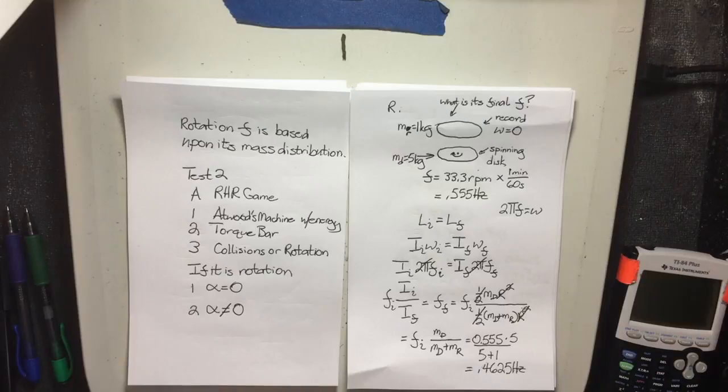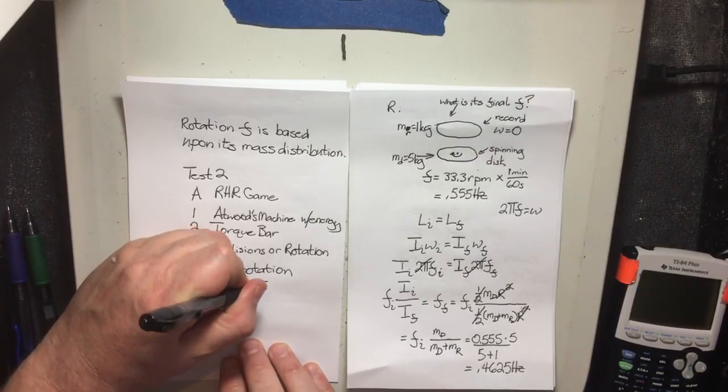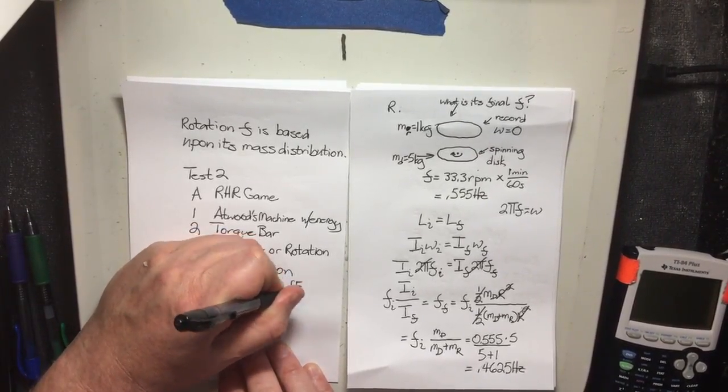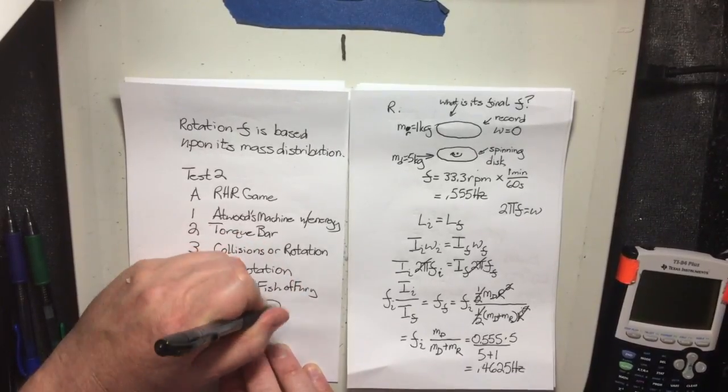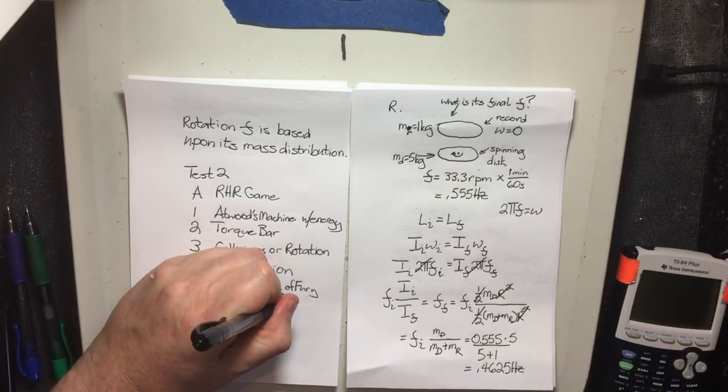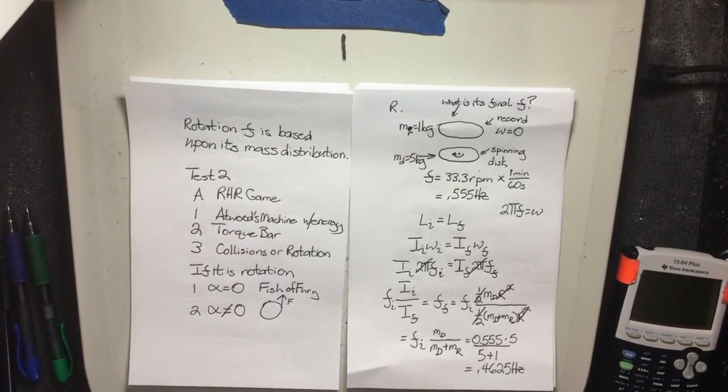The big 2 problem classifications break down into either A, fish of fury, or the disc with the force at the edge, similar to some of the problems that you saw on problem set 5.